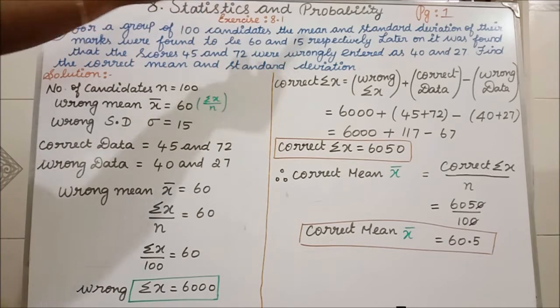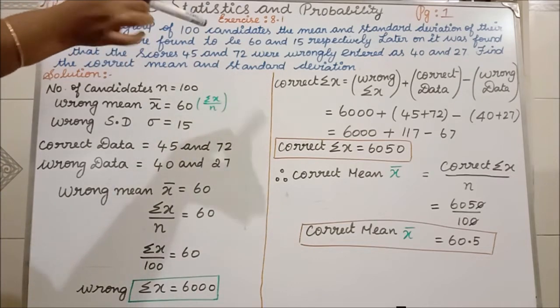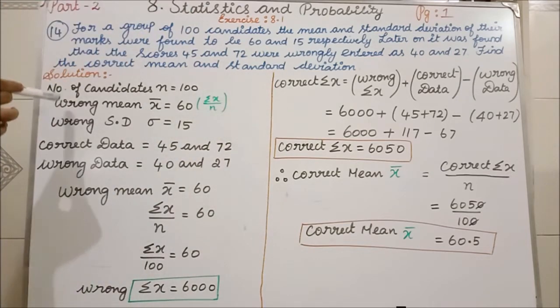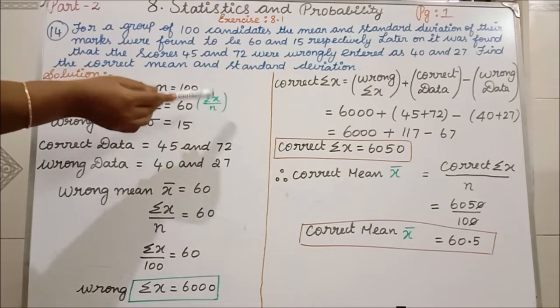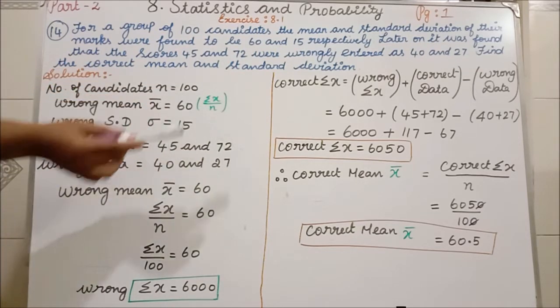Mean, which means the wrong mean, is given in the question. The correct mean we are going to find now. Mean we usually denote by X bar. In part 1 session itself I told you the mean formula: X bar equal to summation X divided by N. Wrong mean X bar is equal to 60.